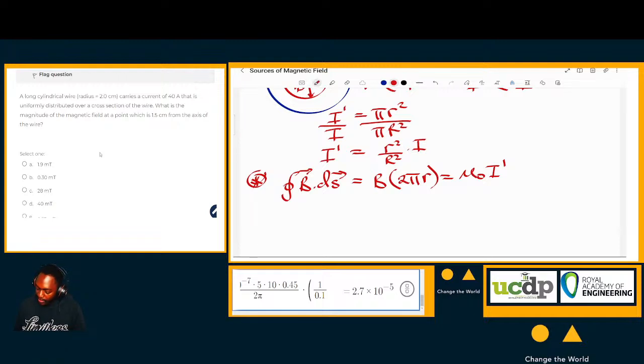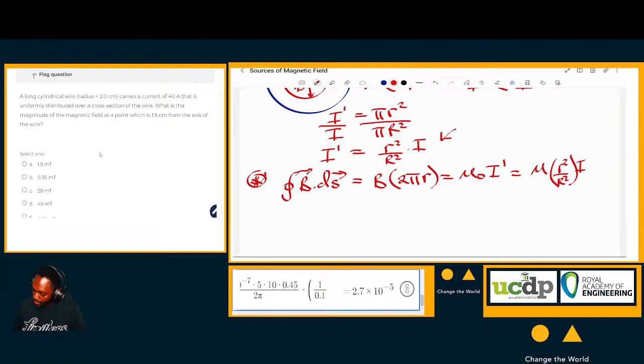And now that we have determined our I, actually our I1, this equals r squared over R squared times I. I left my mu there, so this becomes mu naught r squared over R squared times I. Okay, something like that, right?